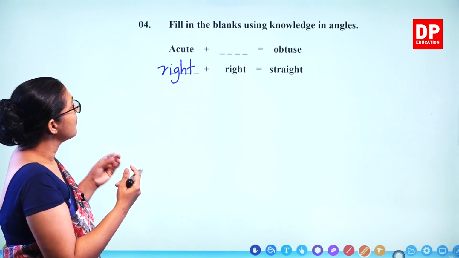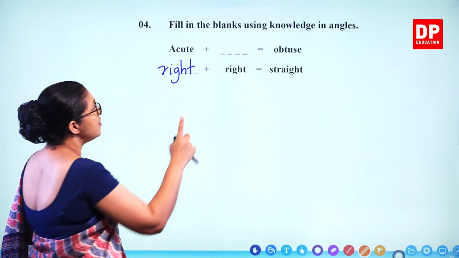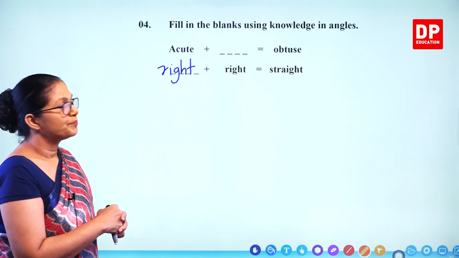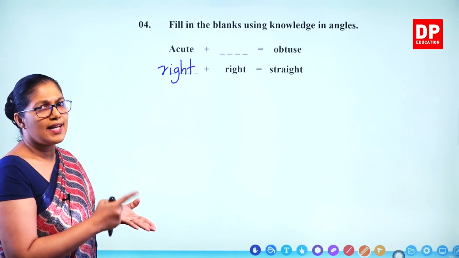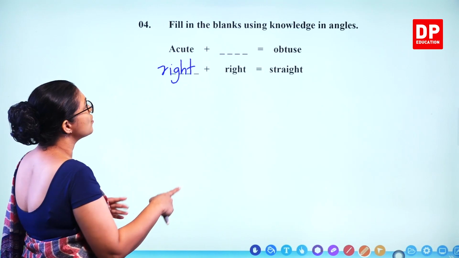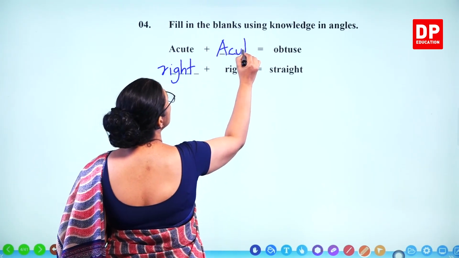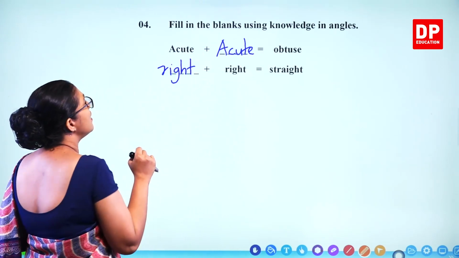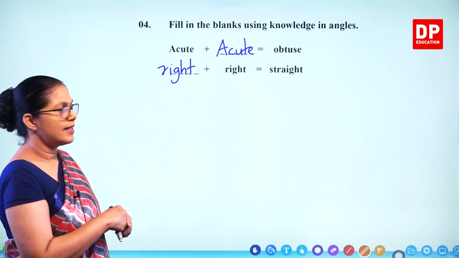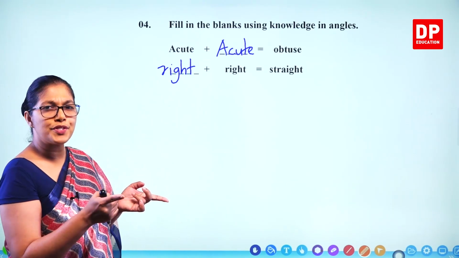Acute. Acute means less than 90. And you are getting an obtuse angle. So you can get it from acute and acute. Think about 70 and 40, 110. That's obtuse. What about acute plus obtuse?